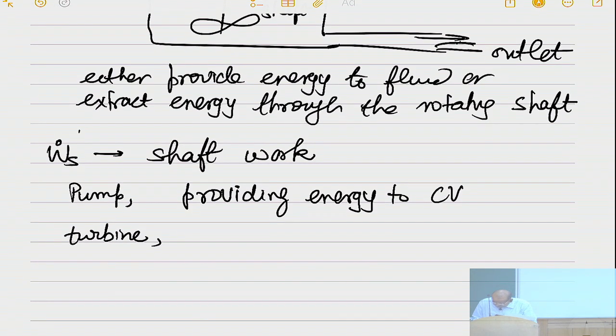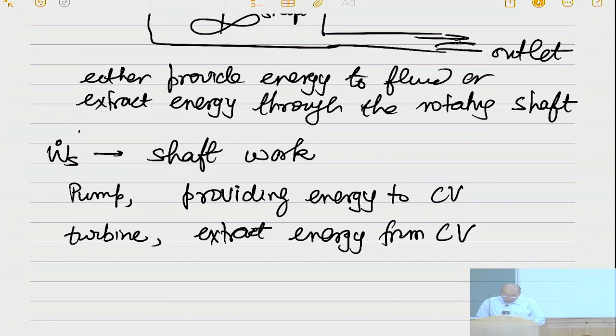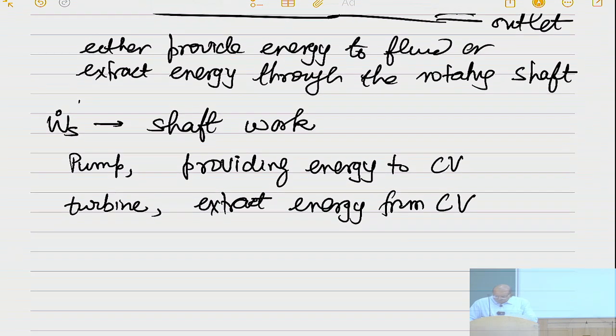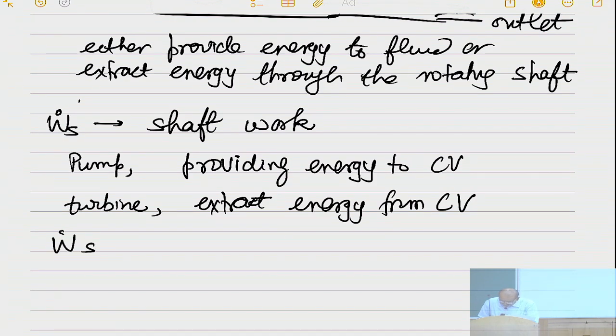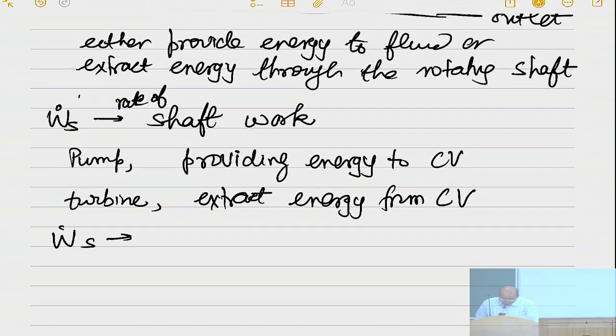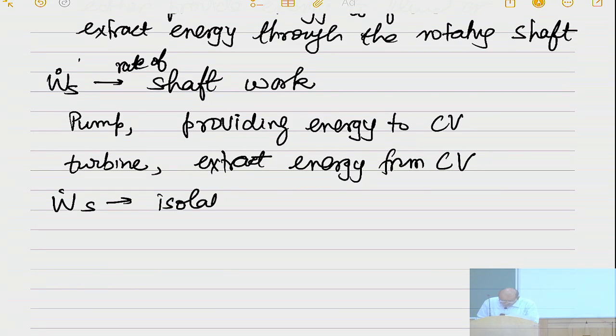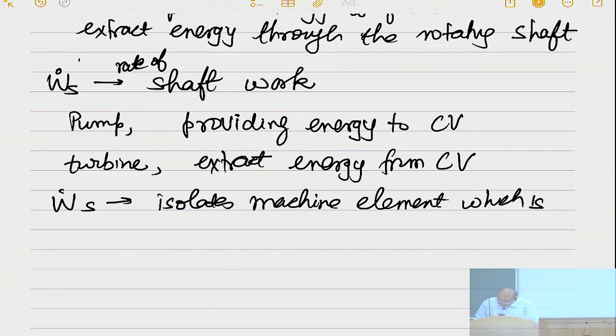And if we have a turbine, then we extract energy from the control volume. So basically, when we talk of W dot S, which we call the rate of shaft work, this isolates the machine element which is providing or extracting energy.